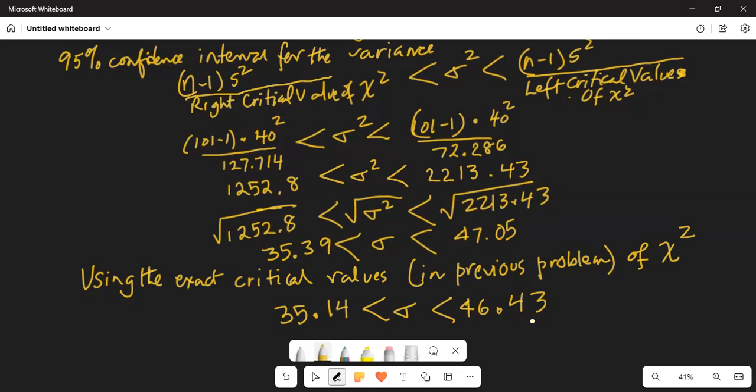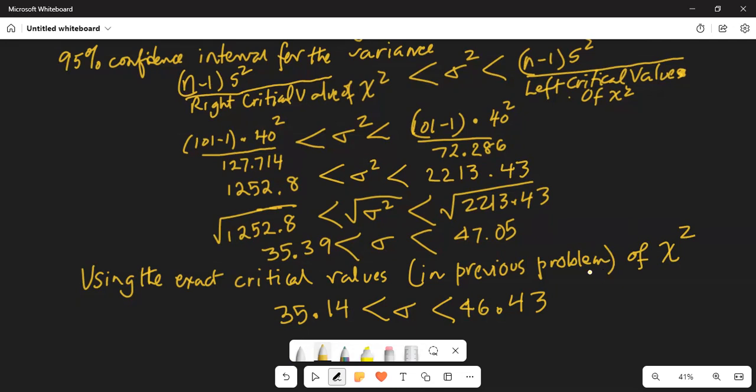So what is the message? The message is if the degrees of freedom is large, which in this case was 100, sample size minus 1, 101 minus 1 is 100, then the chi-square distribution can be approximated by a bell-shaped normal distribution with a mean of k, where k is the degrees of freedom, in this case 100, and a variance of 2k, or 2 times 100, 200.